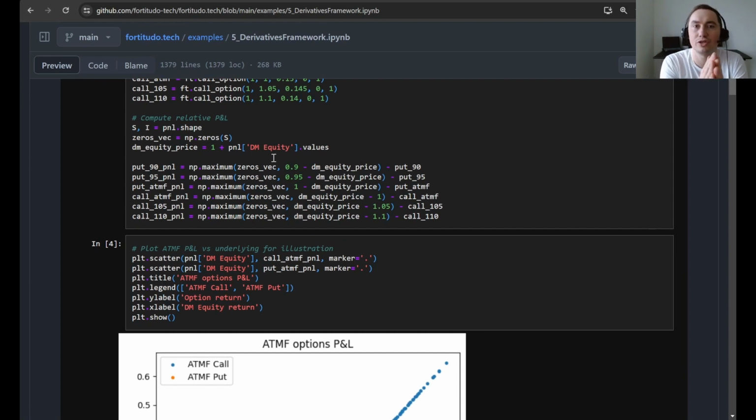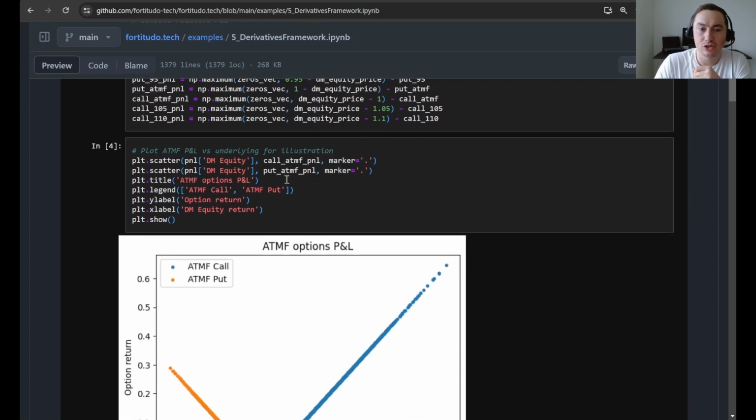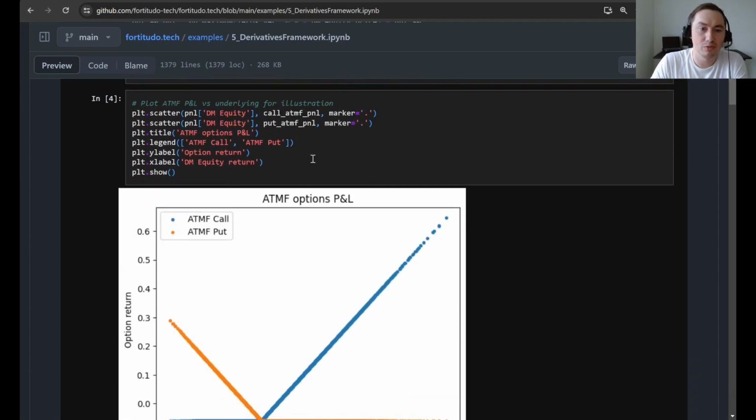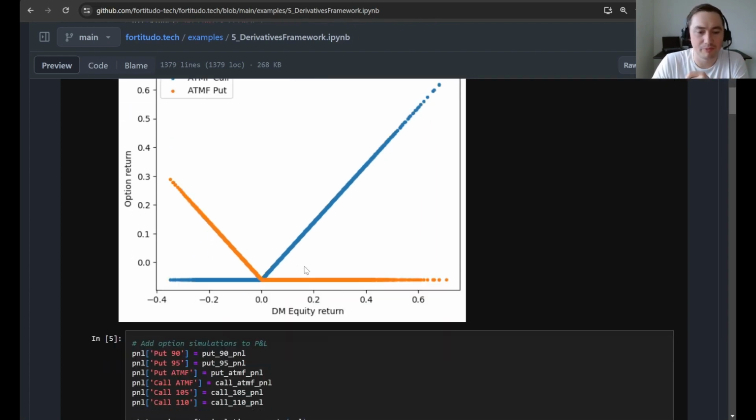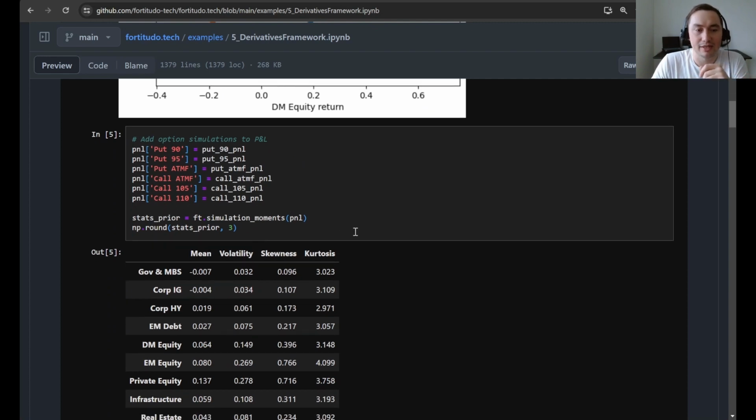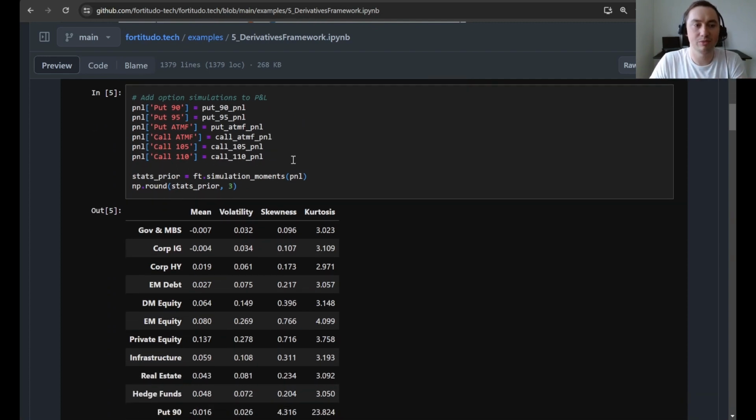These are options with 1 year maturity. We compute their P&L at the 1 year horizon and add it to the P&L simulation. Before we add it, we just look at the payoffs to see if they look like put or call options, and they do to me. And then here we add it to the P&L simulation.